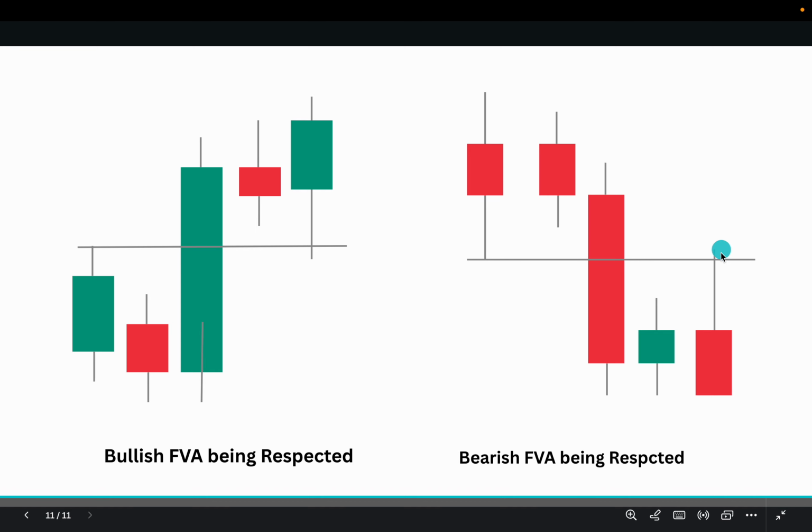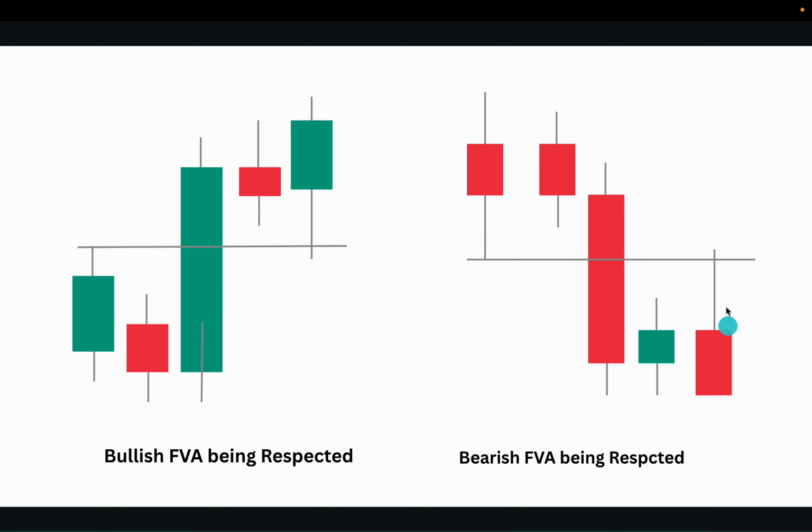So this fourth candle, you can say, is the respect candle. What it is doing is respecting this fair value gap or offering a fair value area by respecting this overlapping swing high or overlapping swing low. This is how the market offers fair value.